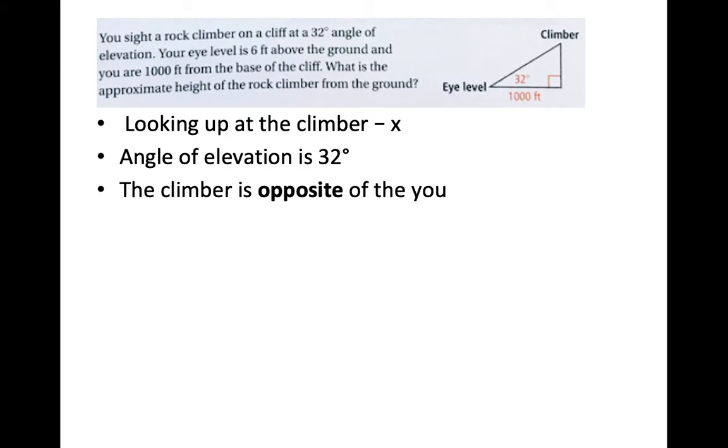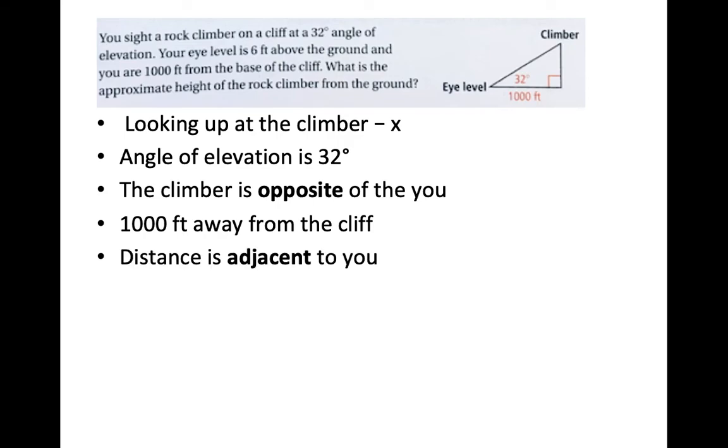Since the climber is opposite of that 32-degree angle, that's a big clue as to which trigonometric ratio we're going to use. The cliff is 1,000 feet away from your eye level. Notice that the 1,000 feet is adjacent. It touches that 32 degrees, and it's also not the hypotenuse. So it's an adjacent leg.